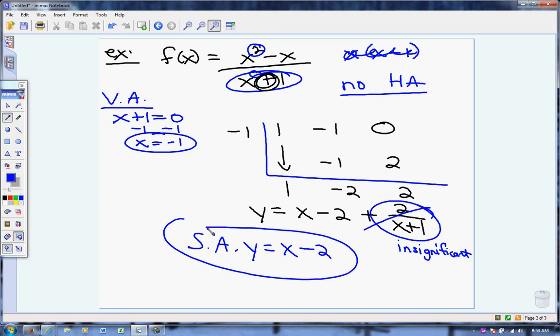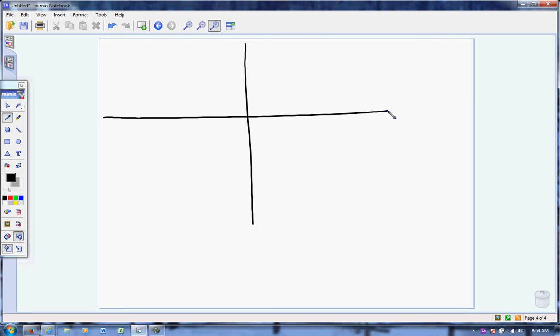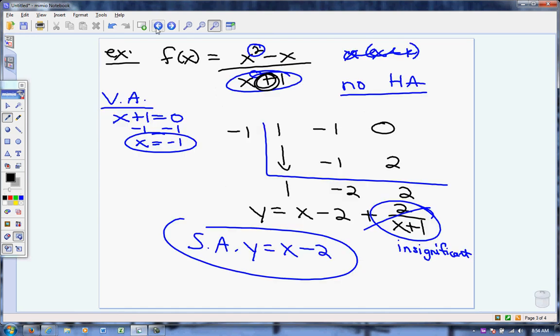Let's make a little sketch here of our asymptotes. I have a vertical asymptote through -1. So I have a vertical asymptote right here through -1. And then I have a slant asymptote, which is just a linear. We said it was x minus 2.